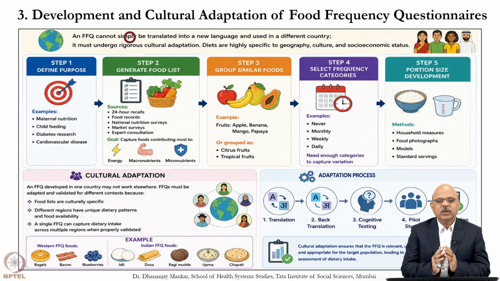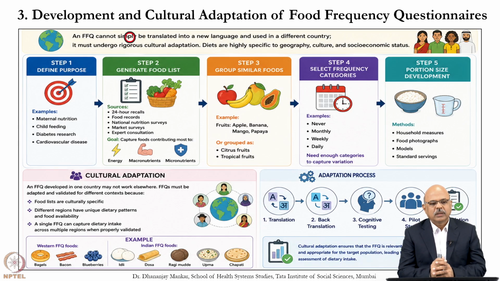Different regions have very unique dietary patterns and food availability even within a country. I mean to say, even in a country like India, regions and states may have very different dietary patterns. According to availability, the diet also changes.